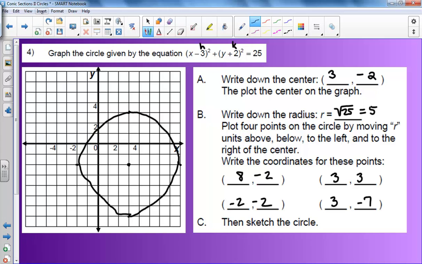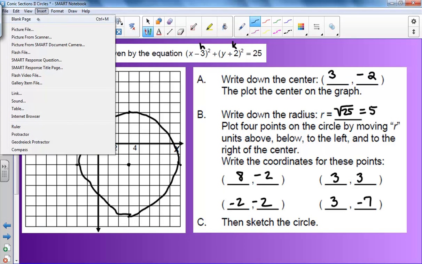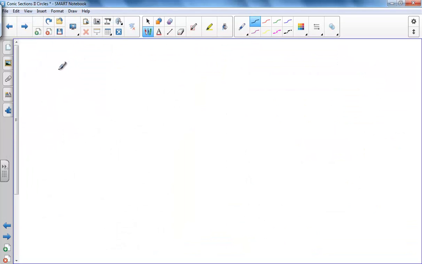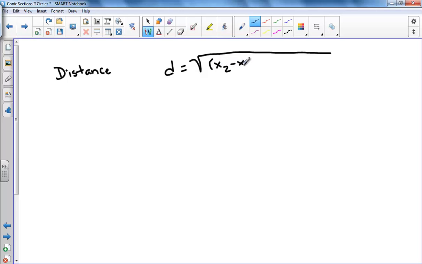Let me go ahead and put up here, in case you need, I think there might be one problem that you need the distance formula for. And so distance is equal to the square root of x2 minus x1, and so in this case they've given you 2 points, squared plus y2 minus y1 squared.